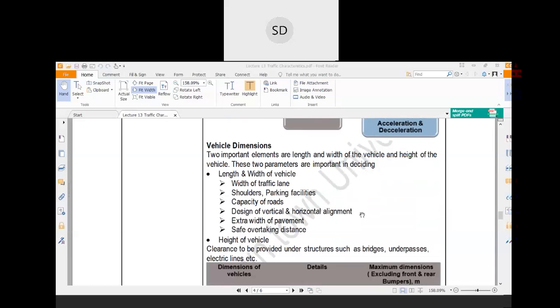Now coming to the vehicle dimensions, two important factors are length and width of the vehicles.